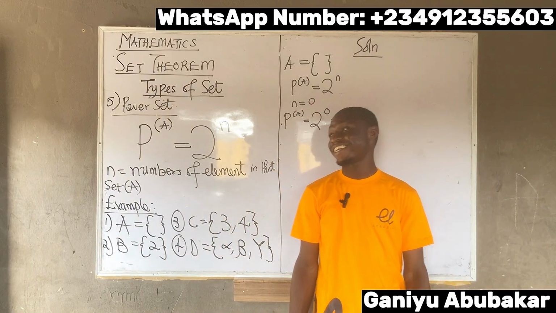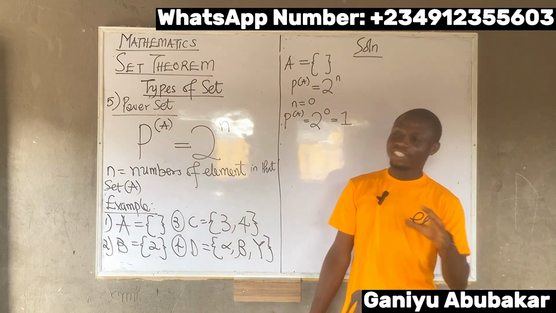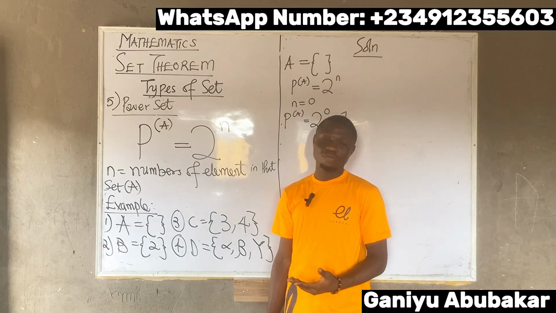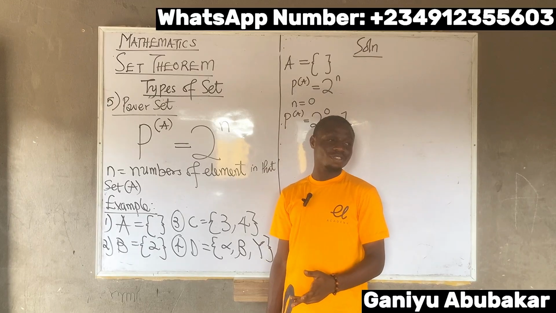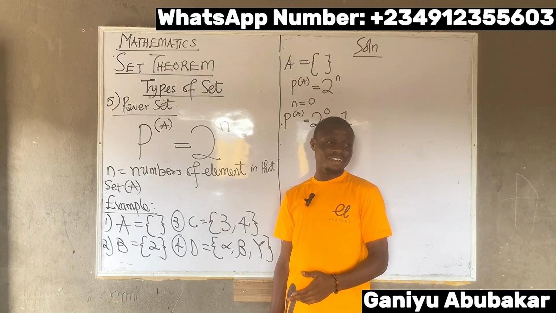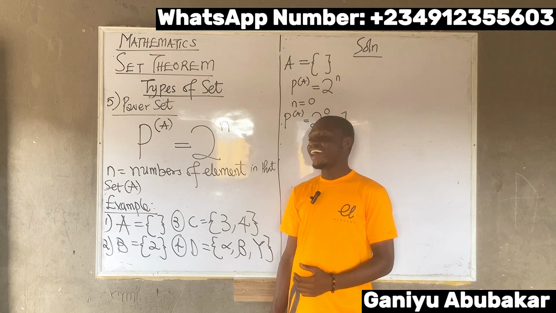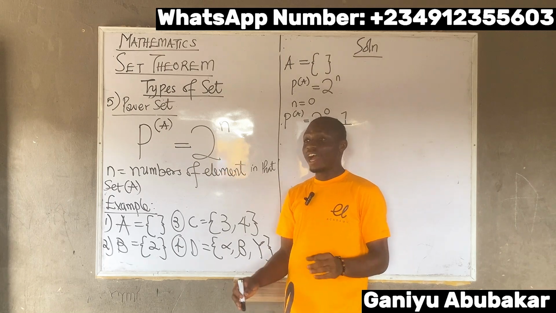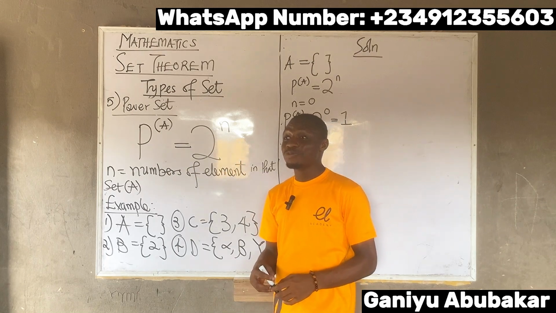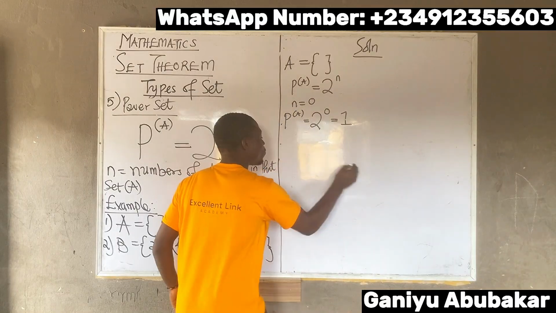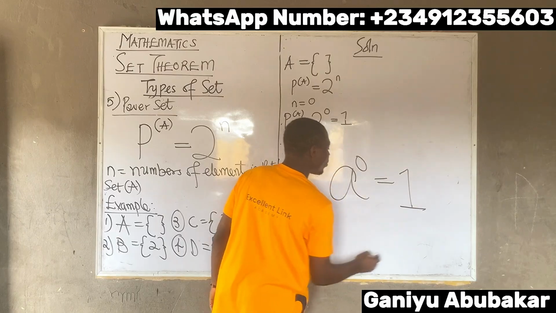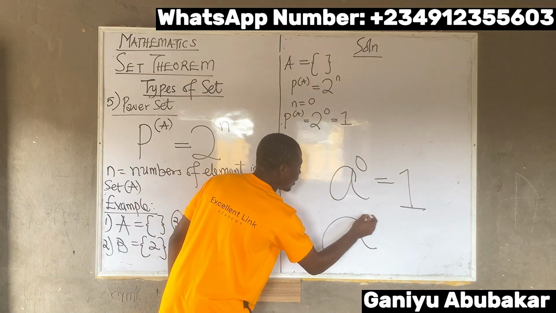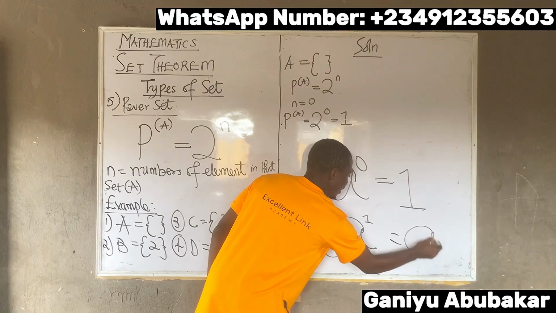I say anything to the power zero is one. Please, anything x to the power zero is one. But anything x to the power one is that thing back.